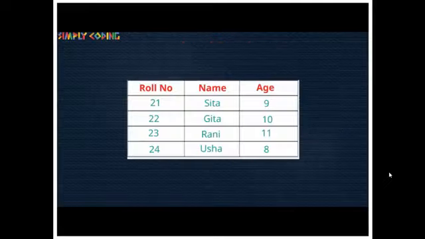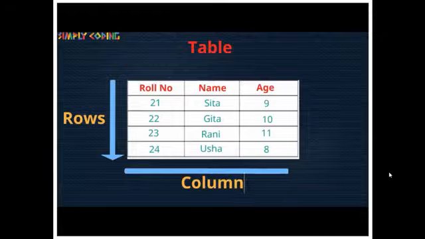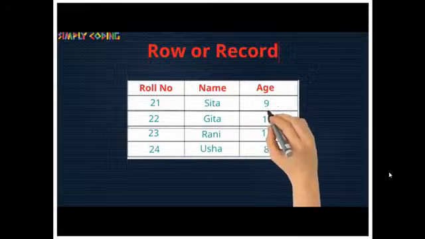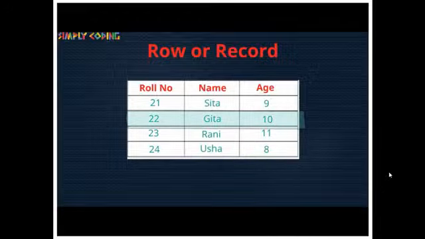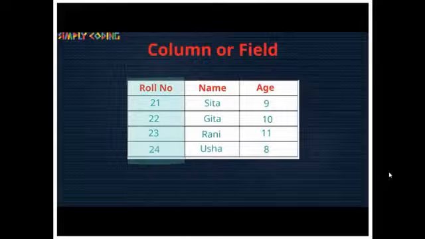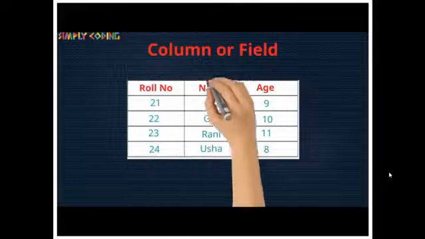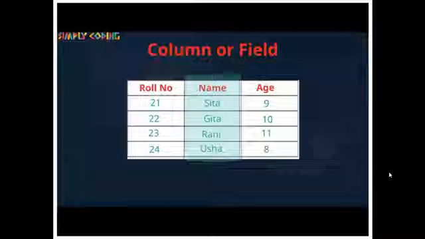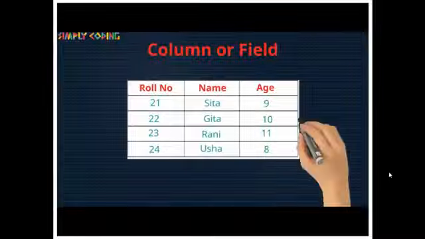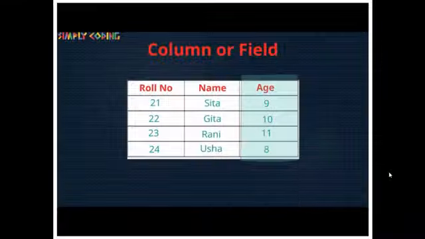A table is data set that is organized into rows and columns. A row is also called as record, which represents one complete unit of information. Column is also called as field, which contains one type of information. It is the smallest unit of named data.